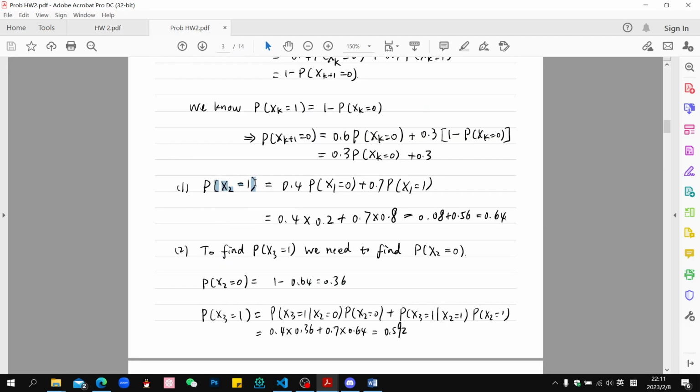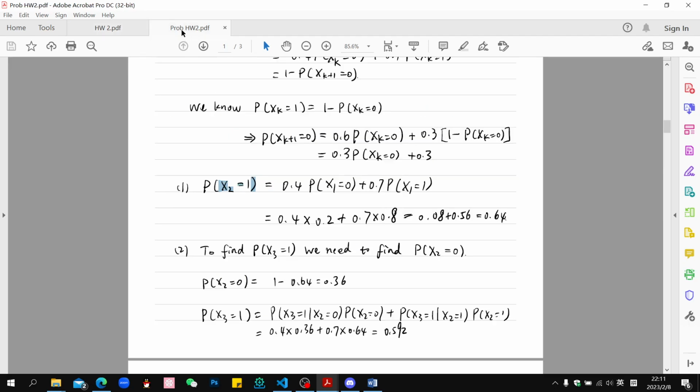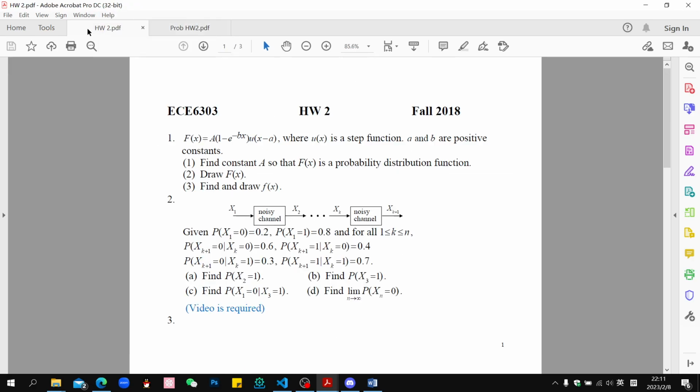We have to make sure that x2 is a 1. So let k be 1. When x1 is 0, x2 has a 0.4 possibility to be 1. And when x1 is 1, x2 has a 0.7 possibility to be 1. And we will multiply these two with the probabilities of x1 itself.